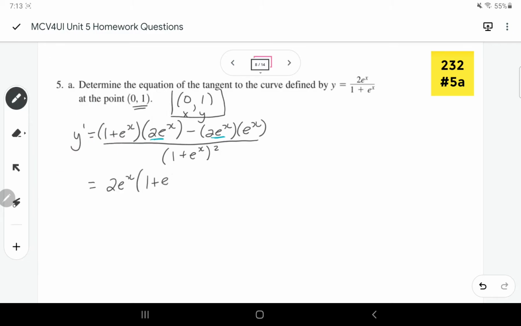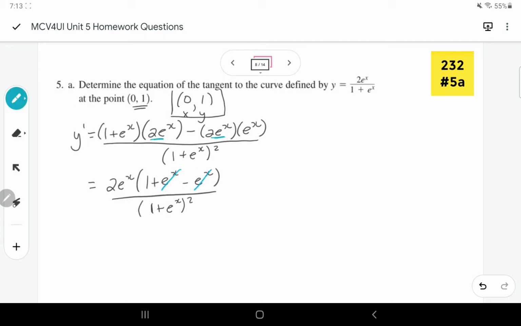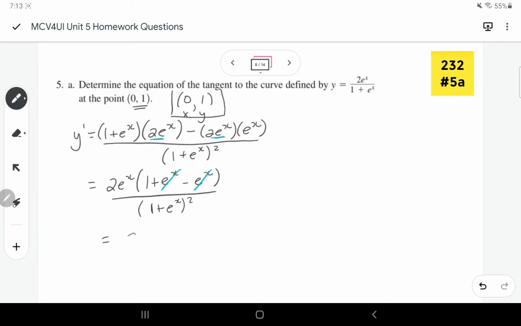So 1 plus e to the x from the first one, and then minus e to the x. And that cleans this up really nicely. So 1 plus e to the x squared on the bottom. So we see those two canceling out, and we're just left with a 1, which gives us just 2e to the x on top over 1 plus e to the x all squared.